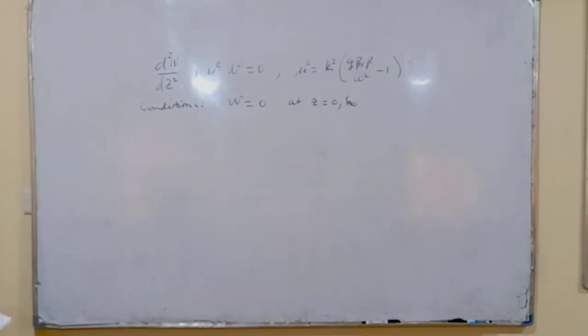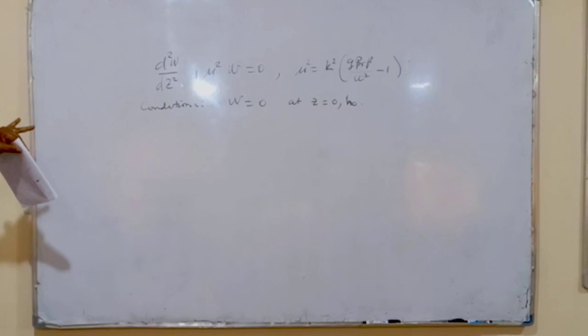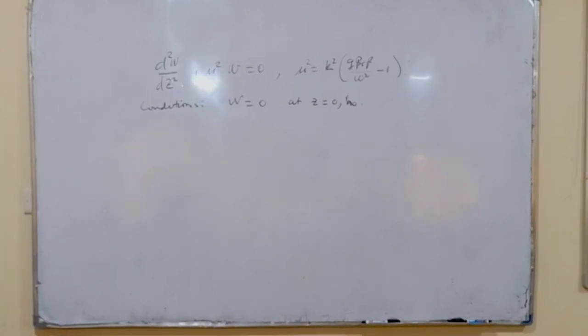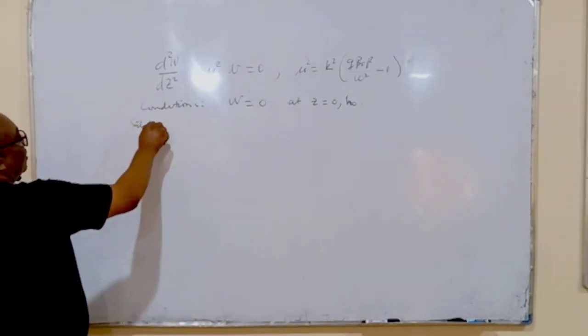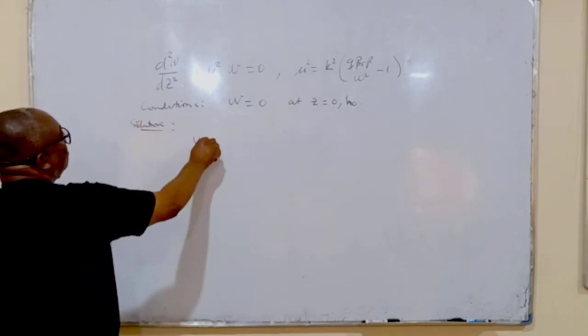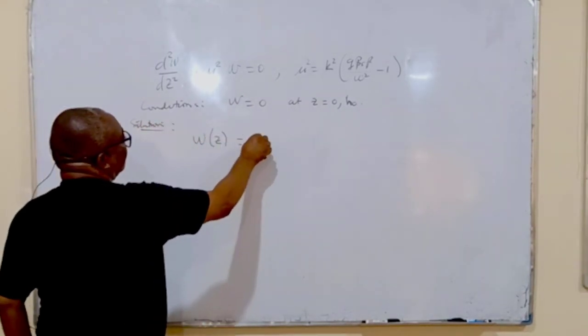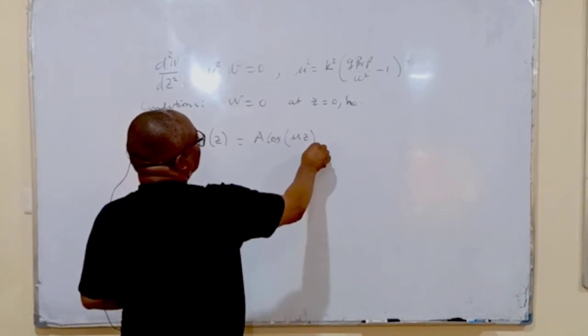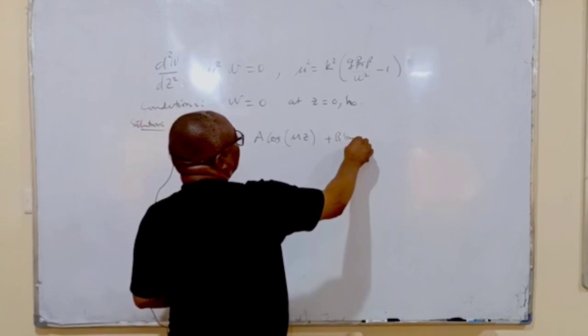Now we want to solve this problem. The previous problem we solved contains what the question is, but in this case we need to apply these conditions. I may not go through the process again, because the solution of the problem will give you w as a function of z, say a cos mu z plus b sine mu z.